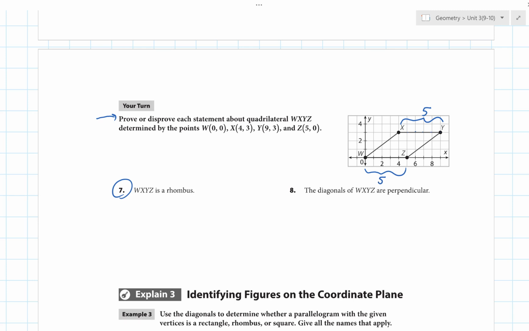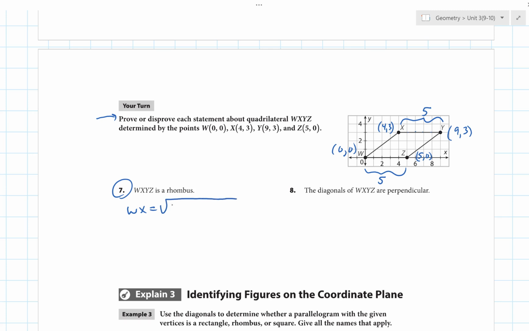And so to find the length of WX, we need the coordinates for each point. So W is at 0, 0, X is at 4, 3, Z is at 5, 0, and Y is at 9, 3.